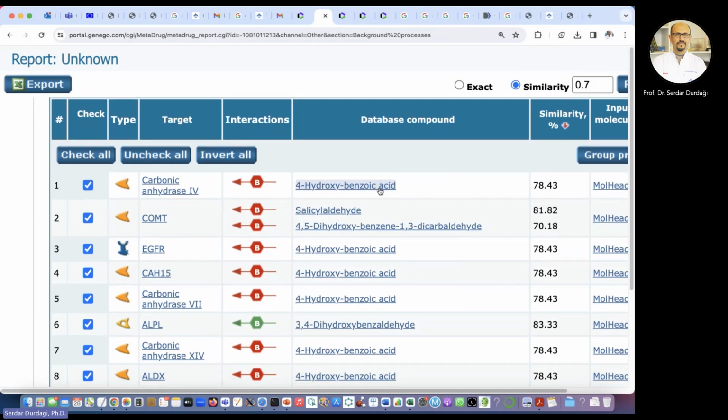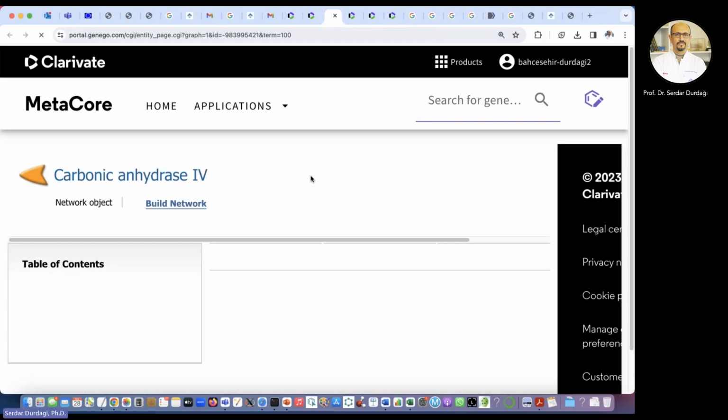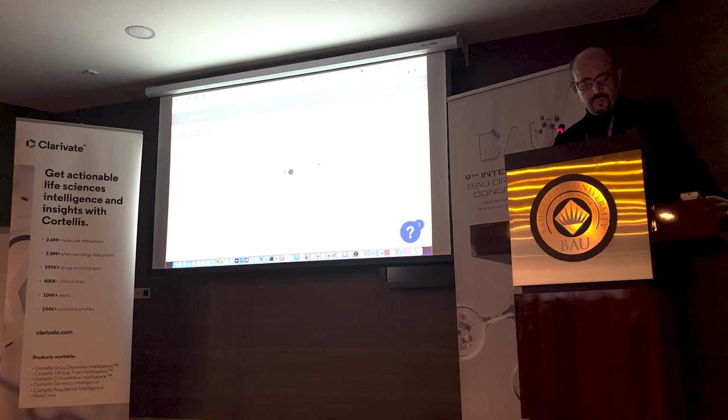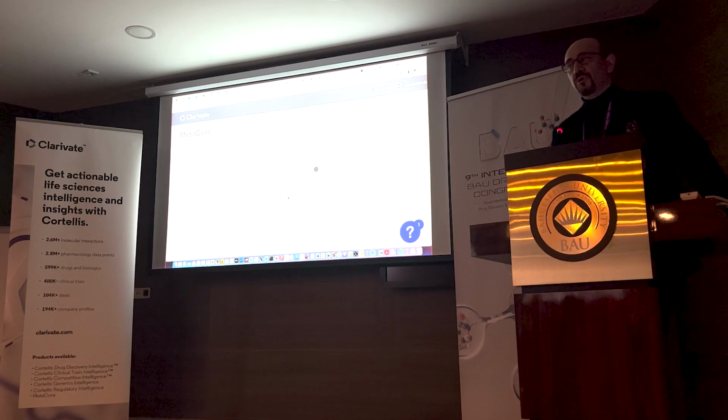You can also click here and go to this network. It is now building the network, and then you can see which protein targets are connected to each other, and which proteins you can use as a target structure.